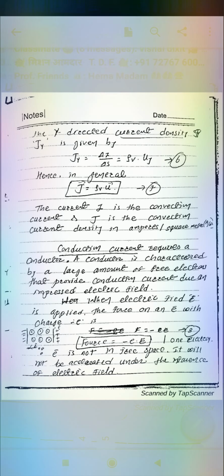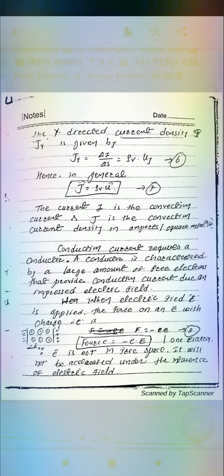The force which is considered, this is the force for one electron only, F, which is equal to minus e into electric field.